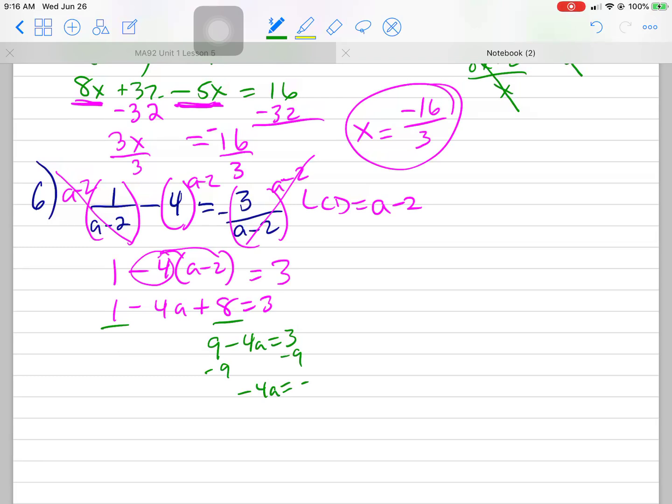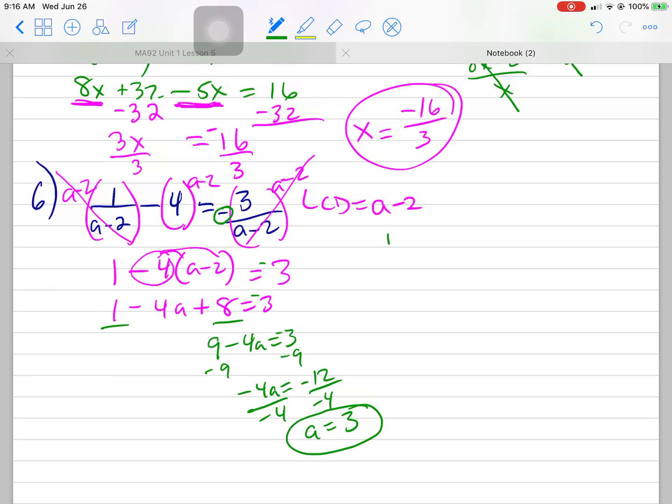Did I drop it? I dropped a negative way back up here. There was a negative, so this should have been a negative 3, negative 3, negative. So this is negative 12. Sorry, for a equals a positive. Negative 12 divided by negative 4 is a positive 3.